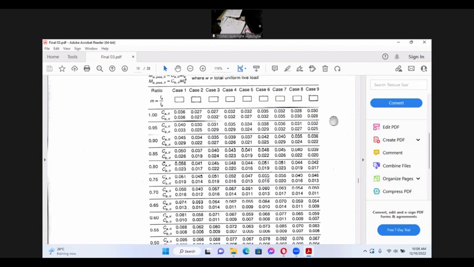So the ratios are the same. Why? Because it's simply supported, the ratios are the same.